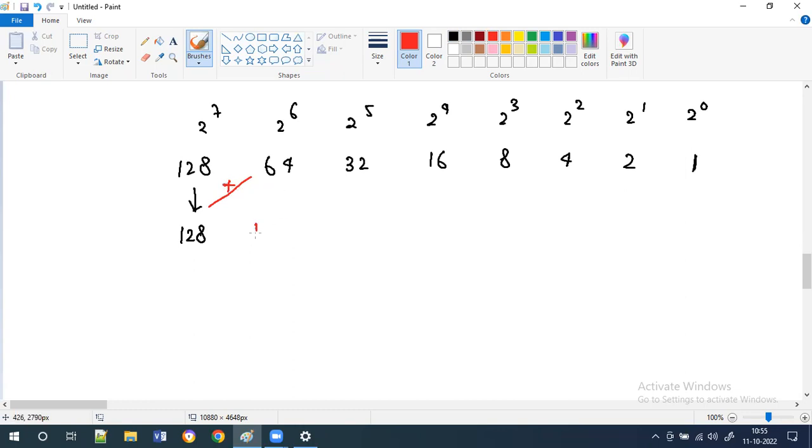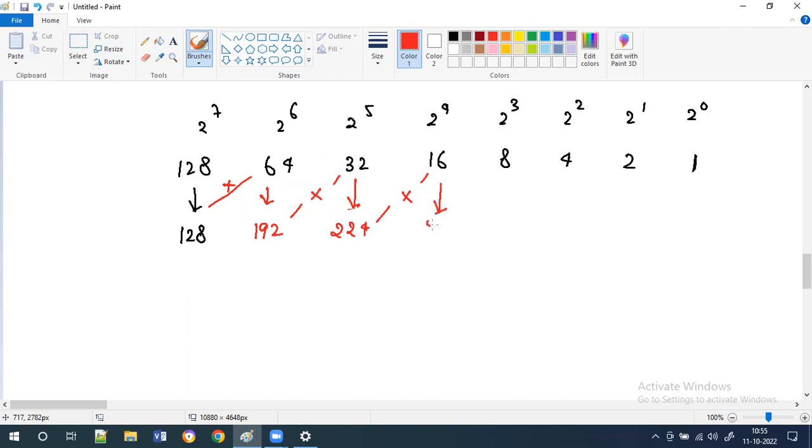It would come 192. Then plus 32, it would come 224. Then plus 16.